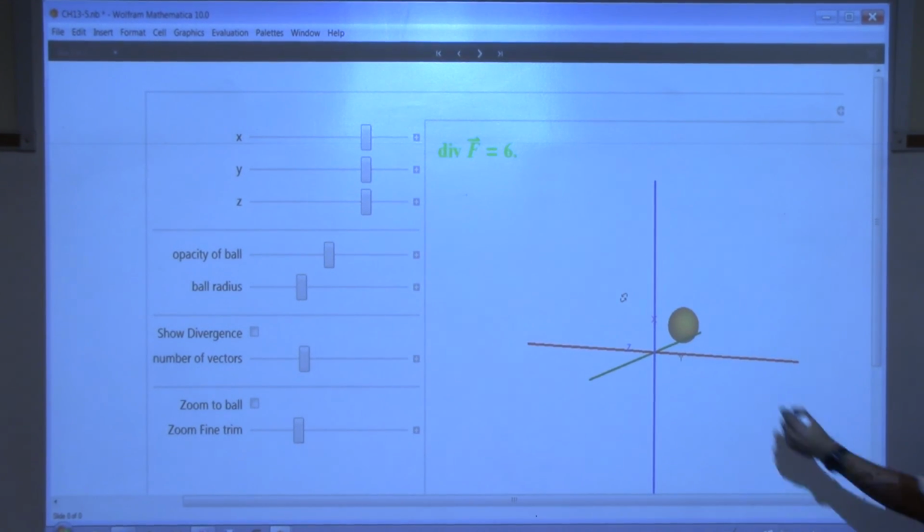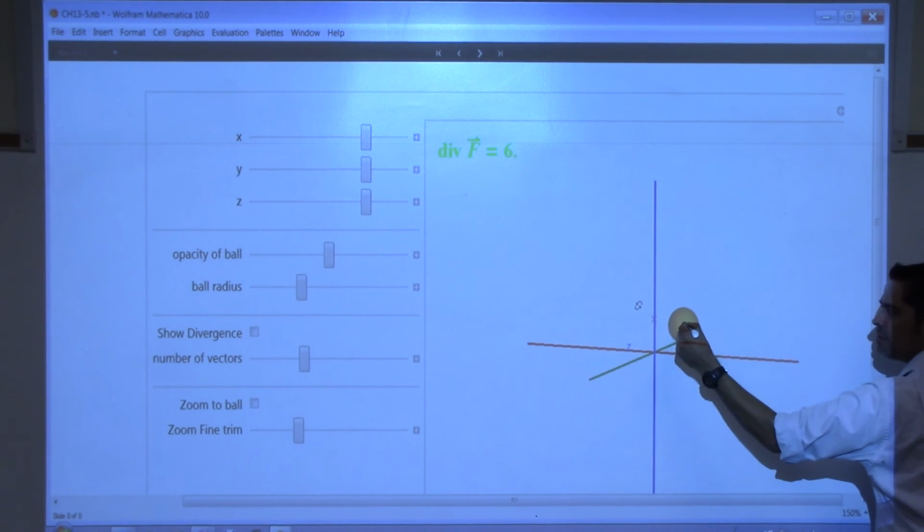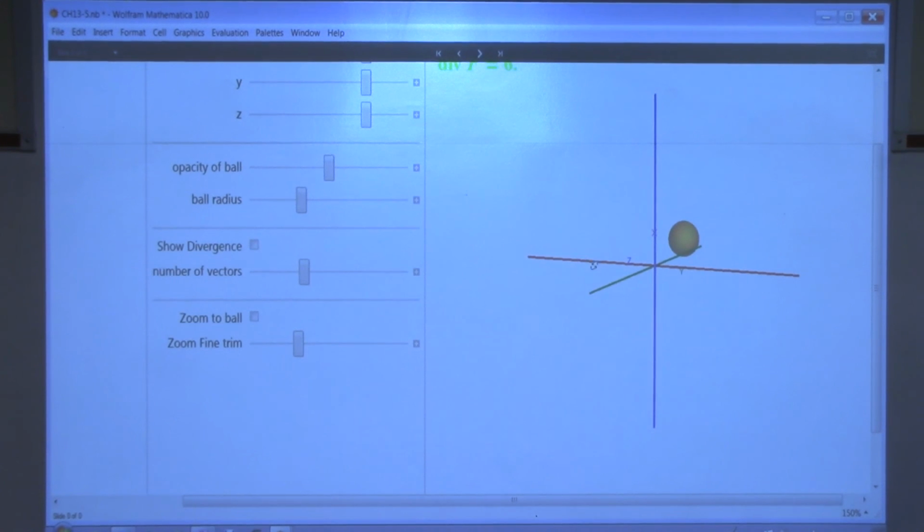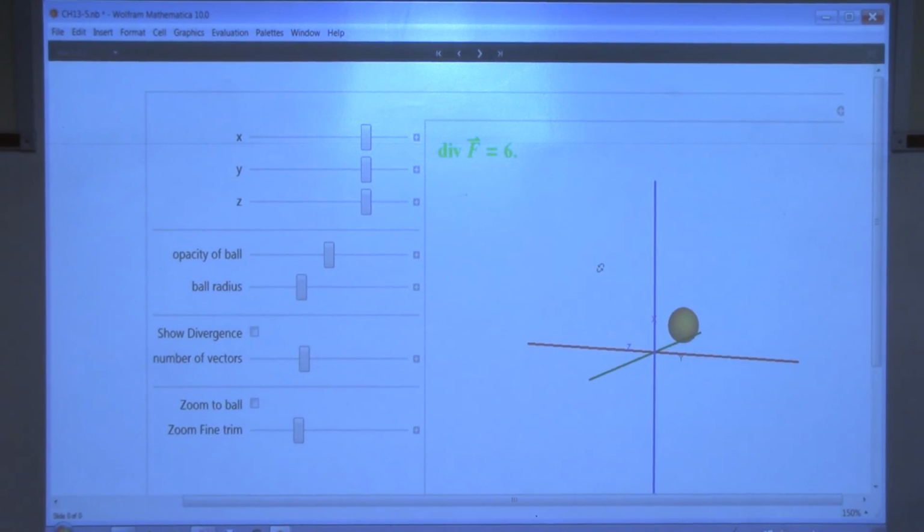So remember, this is a point, right? But I'm making this little ball around it, and I'm looking around all the ball, trying to figure out if I've got more going in than I have coming out. And I'm not showing you the vector field here. You just have to believe me that there's a vector field here, all right?